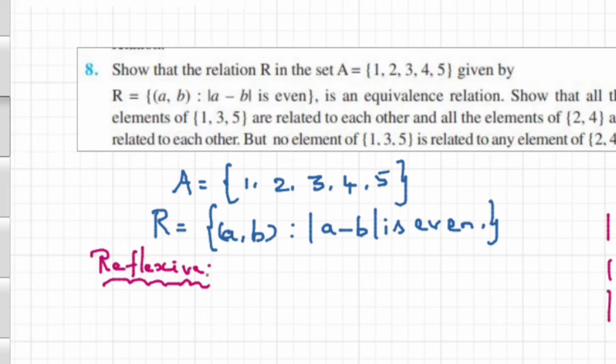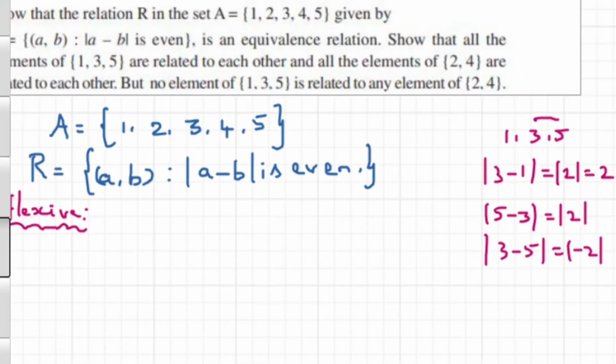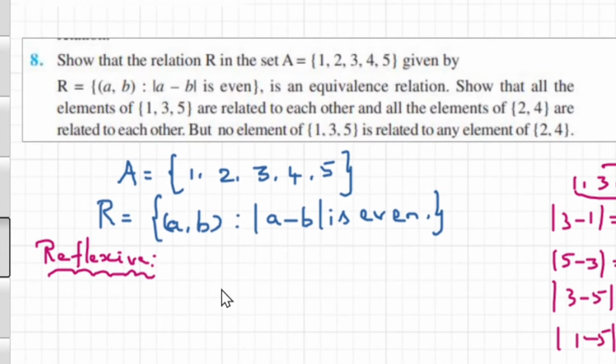Even 3 minus 5, modulus of minus 2, is equal to 2. Even for 1 minus 5, modulus of minus 4 is equal to 4. So all these are even numbers if we pick odd numbers from this set.